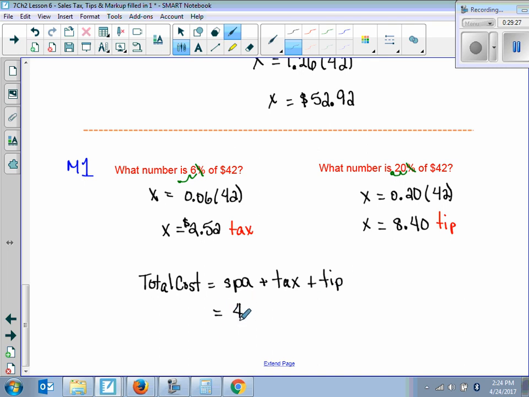So we have 42 plus the $2.52 plus the tip, which is the $8.40.